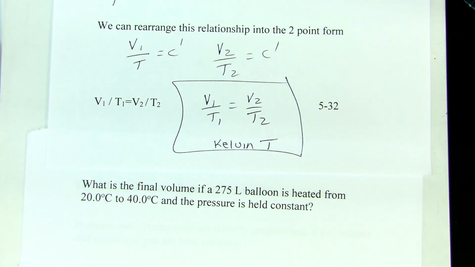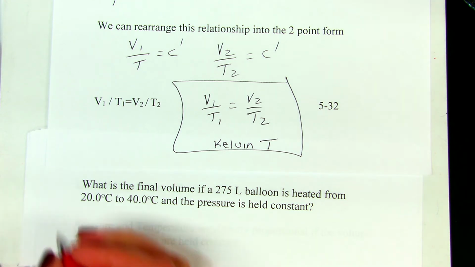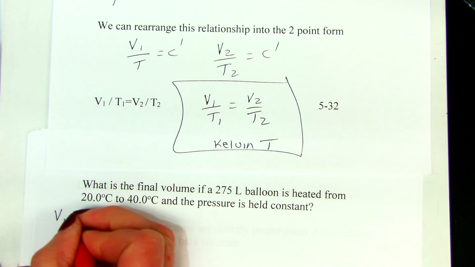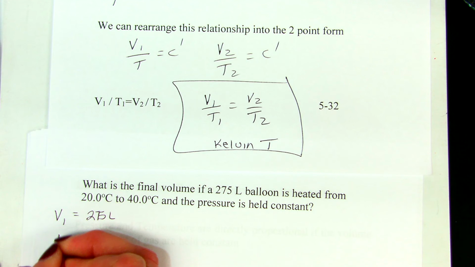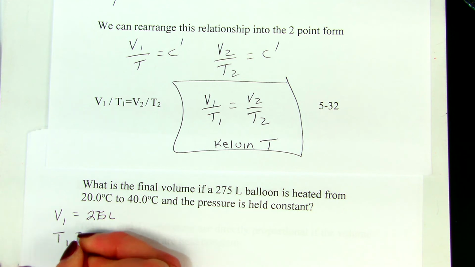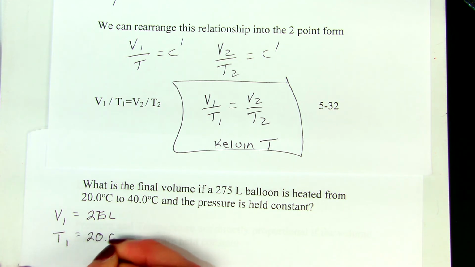Let's look at an example. What is the final volume if a 275-liter balloon is heated from 20 degrees to 40 degrees Celsius and the pressure is held constant? Well, my original volume, V1, is 275 liters. My original temperature is equal to 20 degrees Celsius.